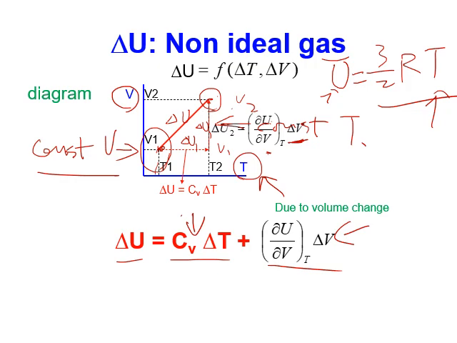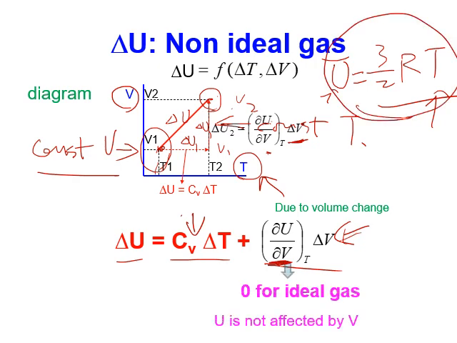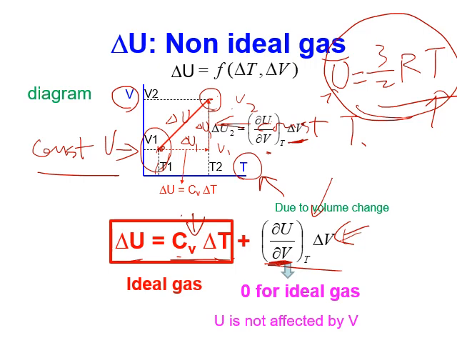Usually this is a very small number, but it may not be zero for non-ideal gas. If it's an ideal gas, then at constant temperature internal energy shouldn't change, so the second step will be zero, and therefore internal energy is only the first step, CV delta T. So again, we showed that for ideal gas, internal energy change is always CV delta T. For non-ideal gas, you need to add another term that shows how internal energy changes with volume.